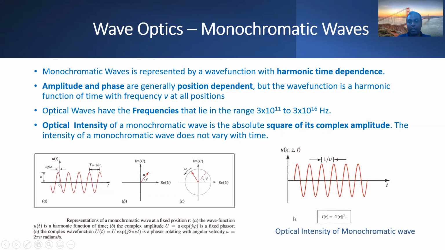On the right hand side is the optical intensity of the monochromatic wave. What is given here is that the square of the absolute value of the complex amplitude U(r) is the optical intensity. The optical intensity we can compute by squaring the complex amplitude.